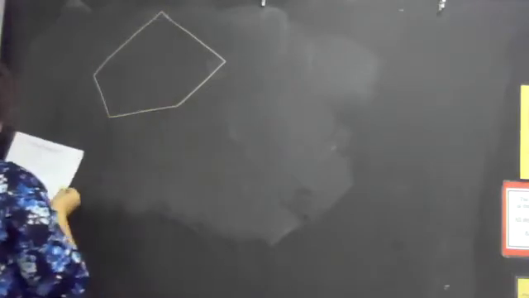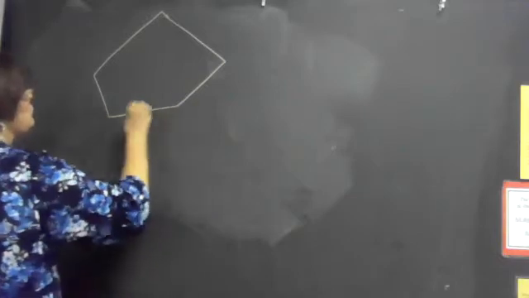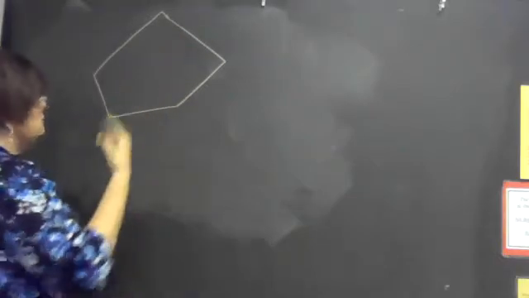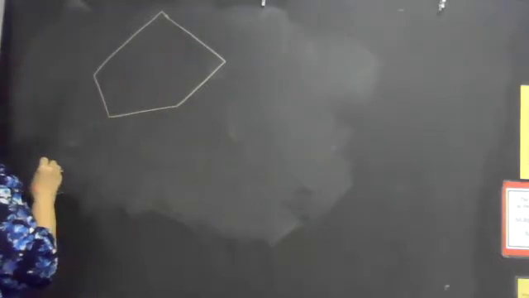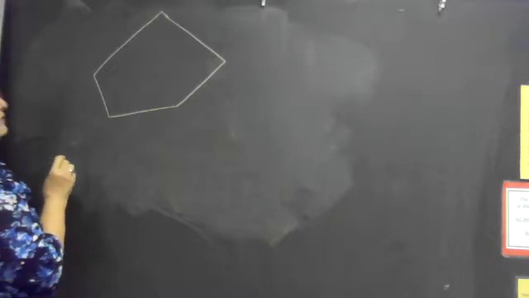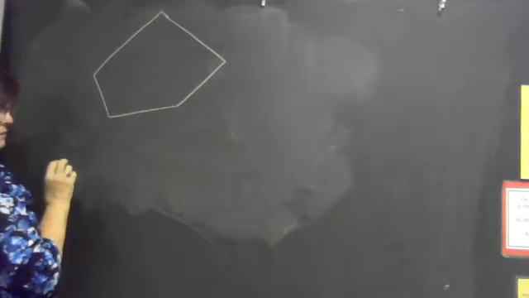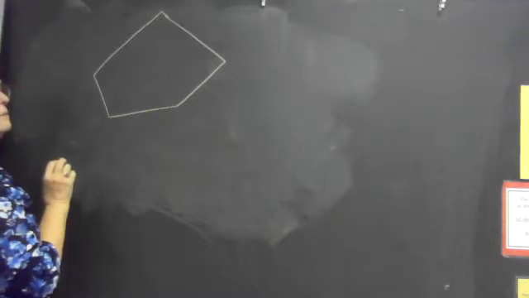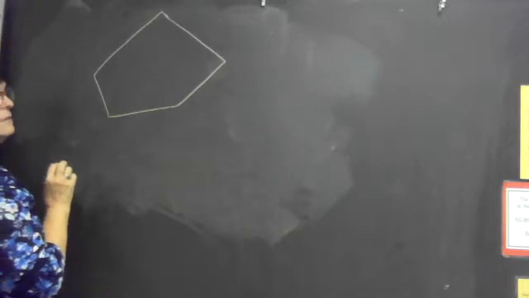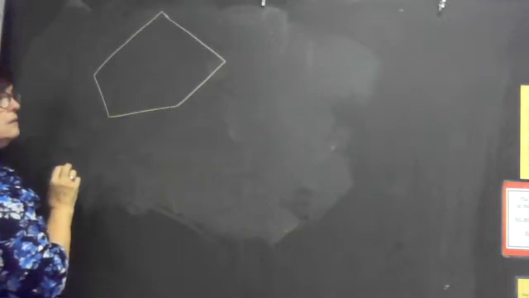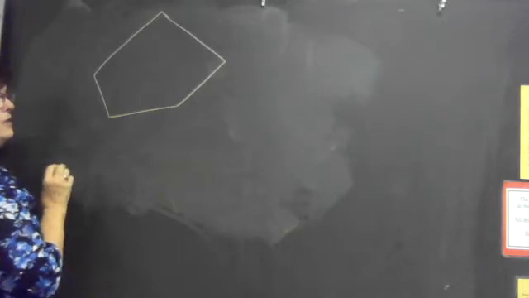If this has 1, 2, 3, 4, 5 sides, what is a polygon with 5 sides called? I want to say hexagon. There is a building in our capital, Penta. Penta means 5, Pentagon.